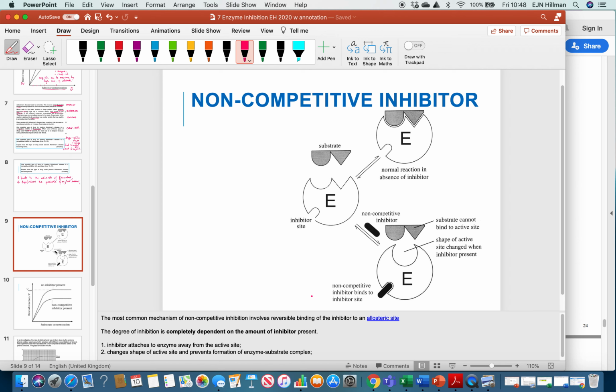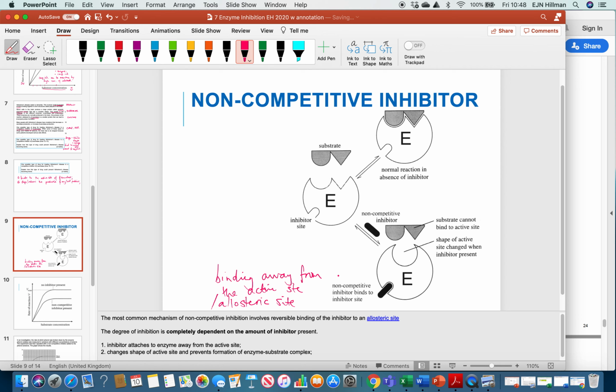Here we always need to refer to the non-competitive binding away from the active site, or binding to a site away from the active site, or you may see it referred to as the allosteric site. Allosteric just describes a site away from the active site.